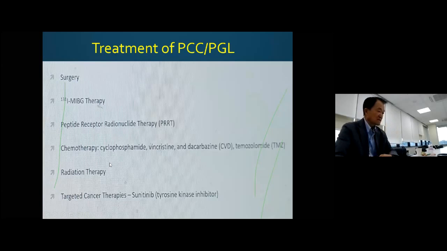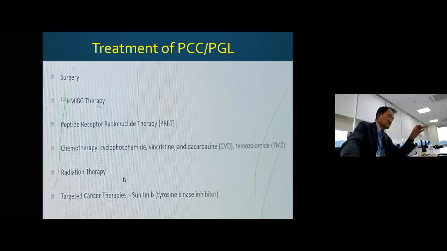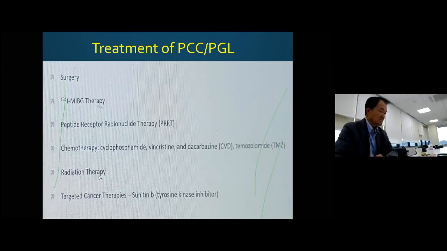If that failed, chemotherapy, commonly temozolomide, cyclophosphamide, and vincristine, is used. And for certain localized disease, in bone or certain organ environments, external beam radiation is often used.